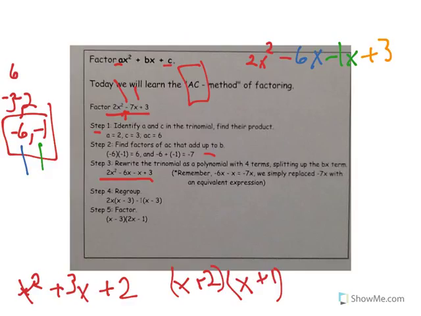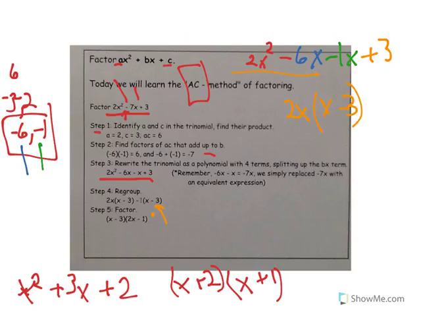So now what I have to do is take some numbers out here and make it so that the terms look the same. So I'm going to factor this. When I factor that, I'm going to end up with 2x times x minus 3.